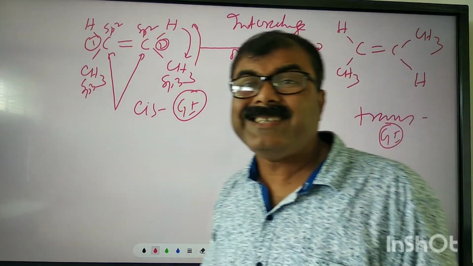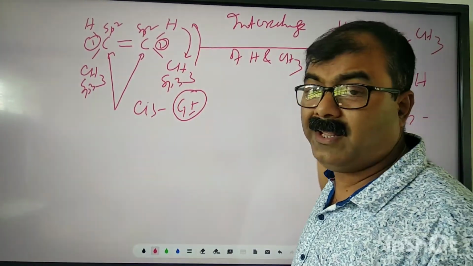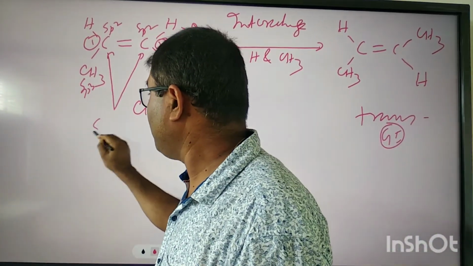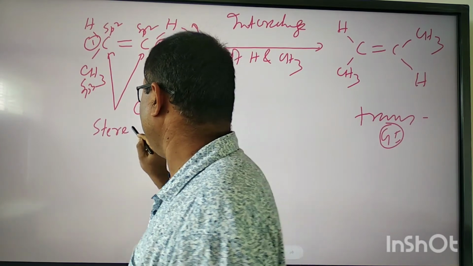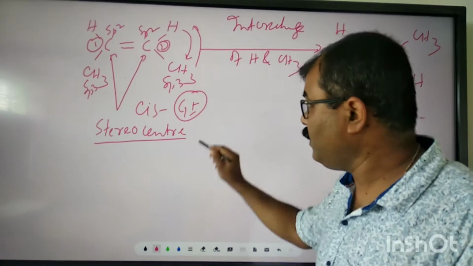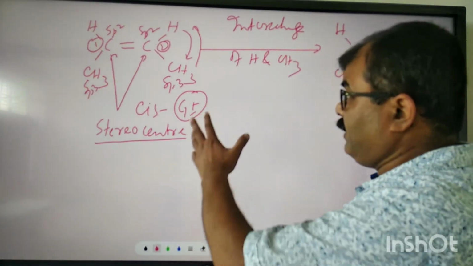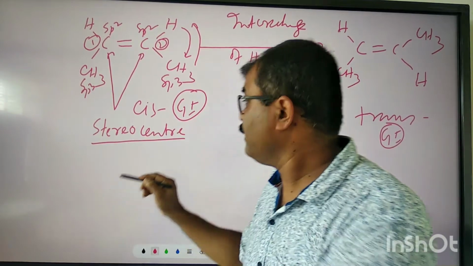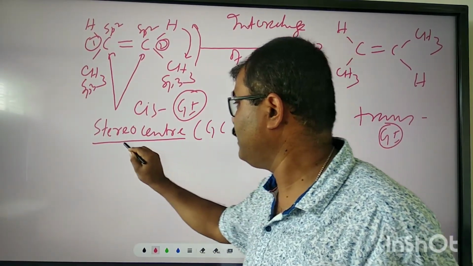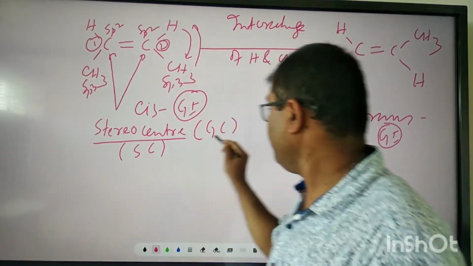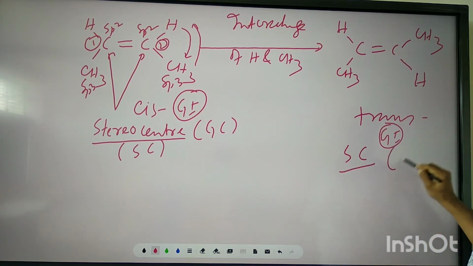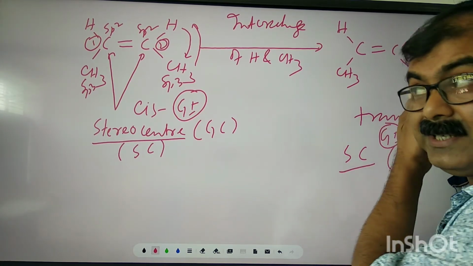So after interchanging two groups, it leads to a new stereoisomer. That is why we can say these two carbons are stereo centers. And since this leads to geometrical isomers, many times we call this stereo center a geometrical center. GC, geometrical center. This is also a stereo center, SC, and specifically you can say it is a GC.